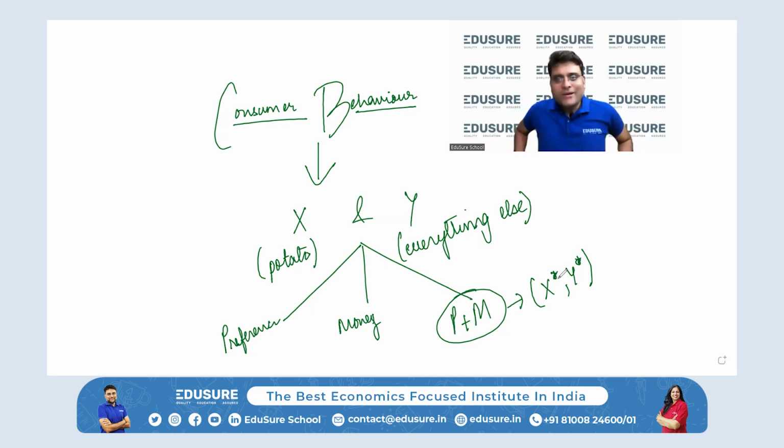So consumer behavior basics, a two good model. In order to determine the optimal consumption of X and Y, there are two foundation pillars, that is the preference of the consumer and the money income that the consumer has in his or her pocket.